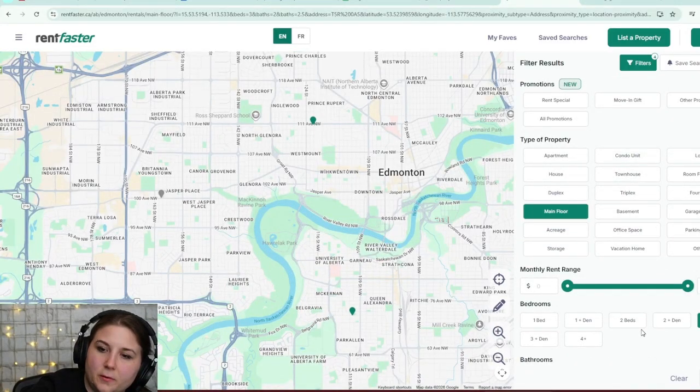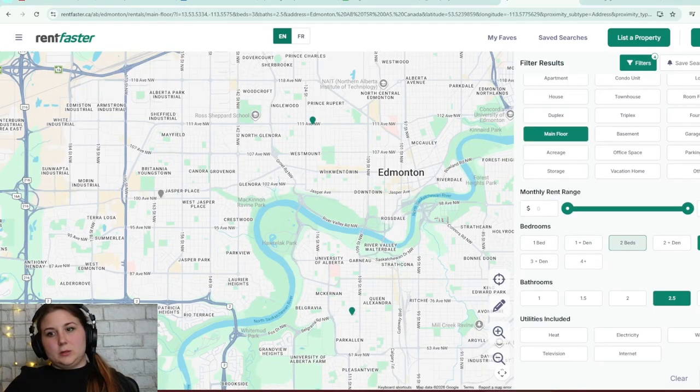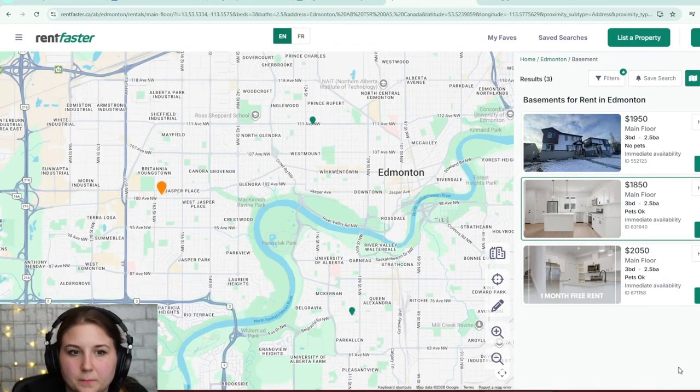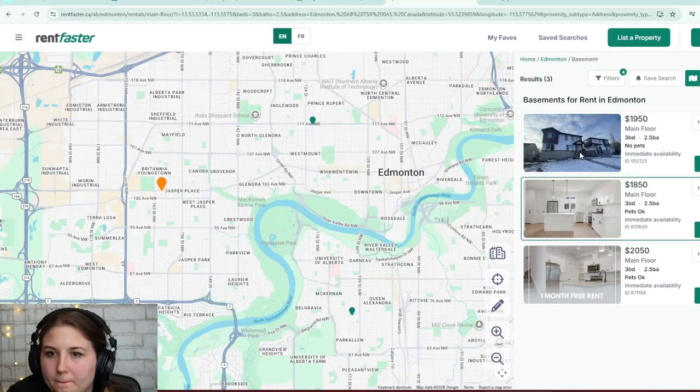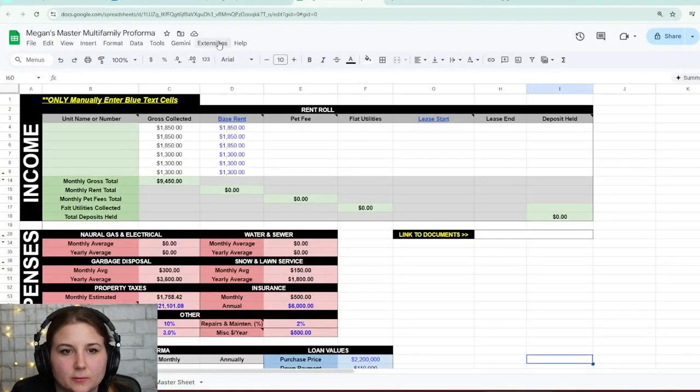Okay, main floor, 3 beds, 2.5 baths. Search. Aha, okay. Really? There's no comps within? So this one, since we got no comps there, I'm gonna just inflate the other ones a little bit.